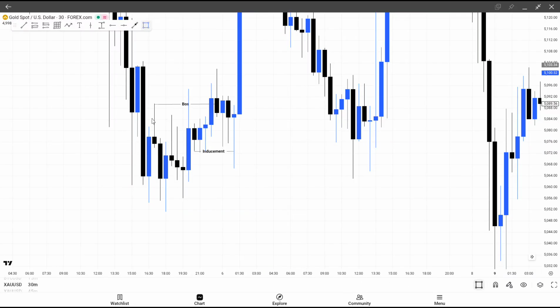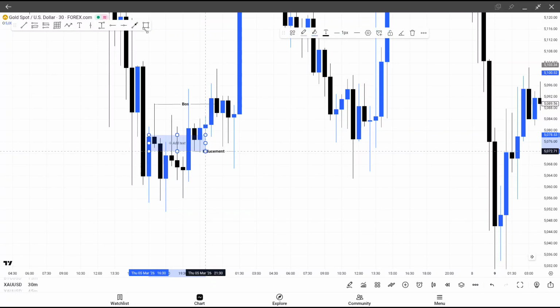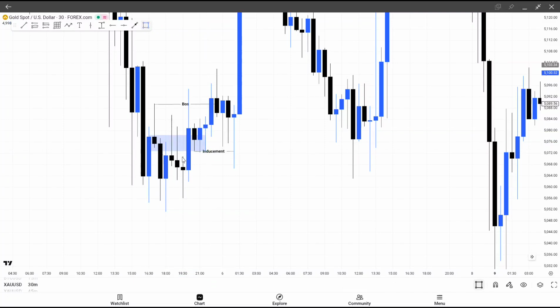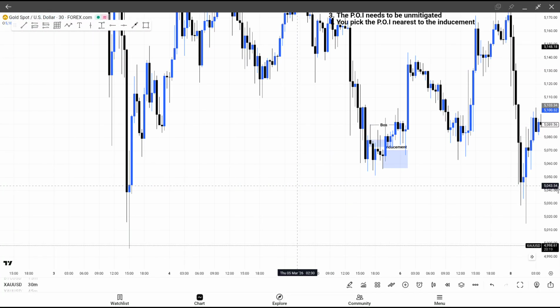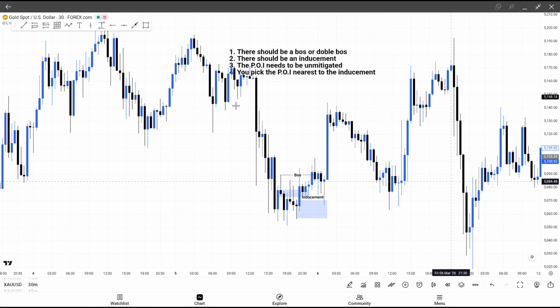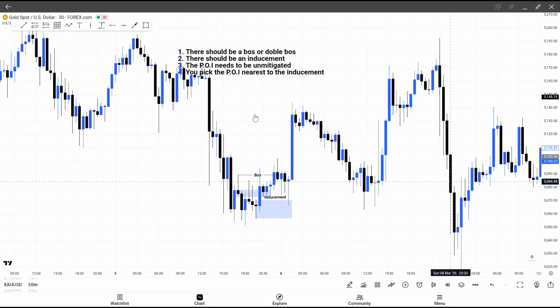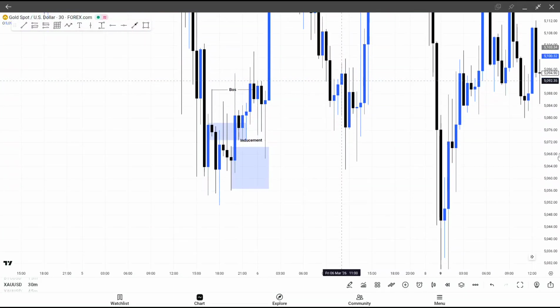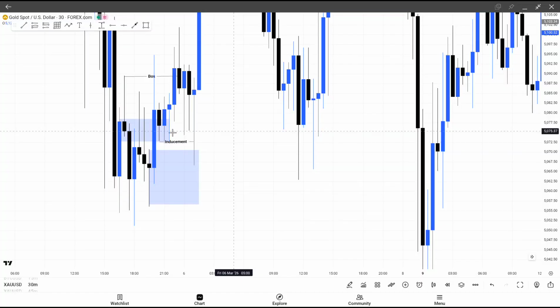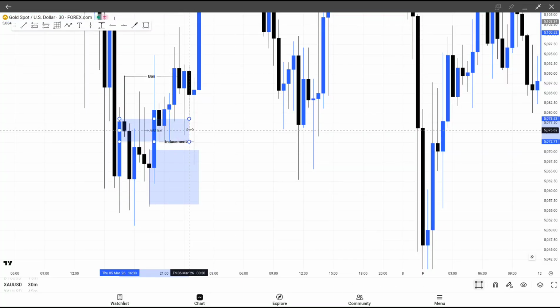And we have 2 points of interest here. The first one is this breaker block, and the second one is this order block. Do you guys see? The third rule says the point of interest needs to be unmitigated, and we see the first point of interest here has been mitigated by the inducement.